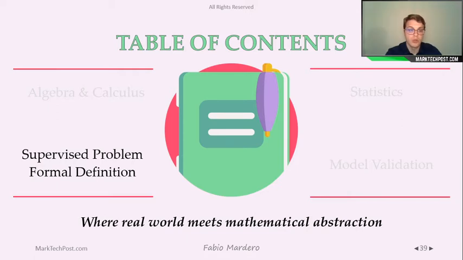Okay, let's focus on supervised learning. And in this section, we will see through math how the real world meets mathematical abstraction. And by mathematical abstraction, I mean what we have studied in the statistics course.